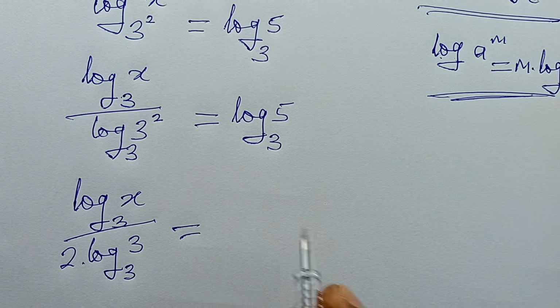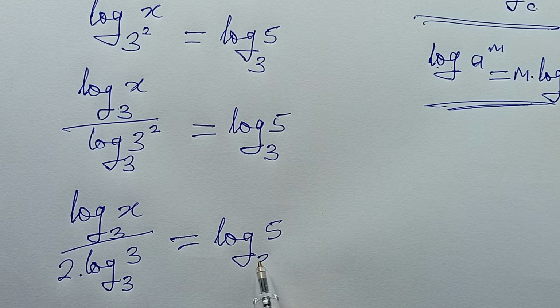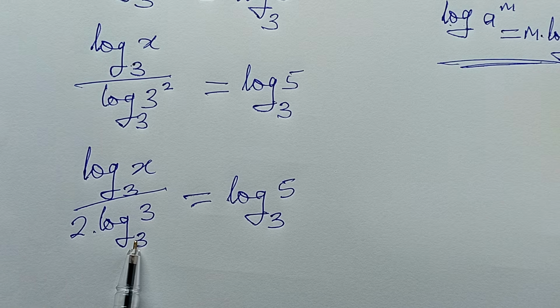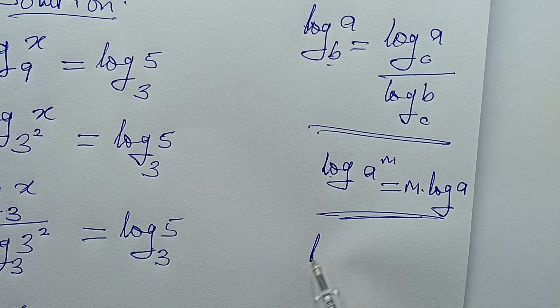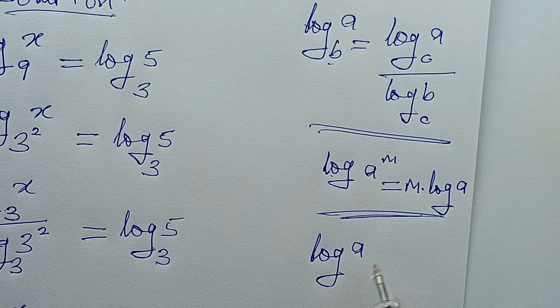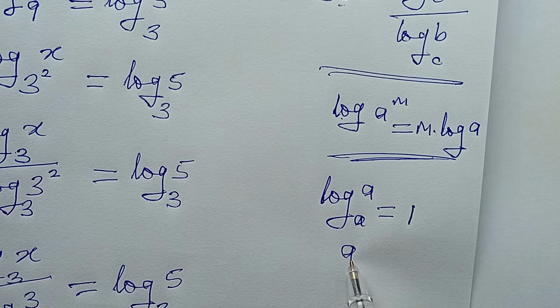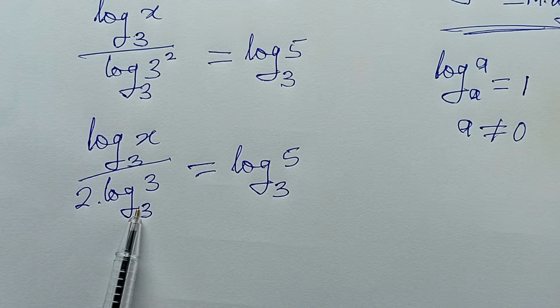Then this is equal to log 5 base 3. Simple. Here we have what is called the same base rule playing out. The same base rule says that log a base a is equal to 1, provided a is not equal to 0. And so this is going to give us 1.